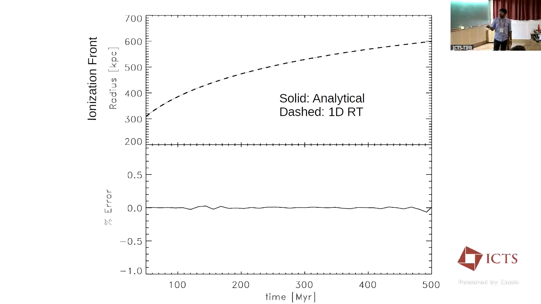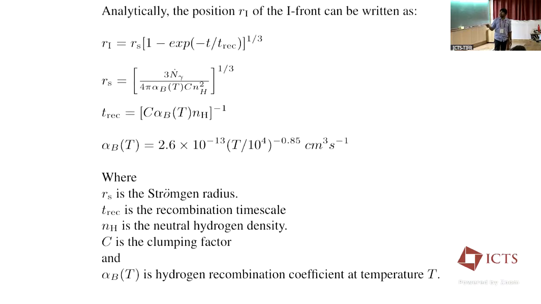Now, the analytical prescription shows that there is a formula for estimating the size of the ionization front given your emissivity, gamma dot. This quantity is controlled by our zeta. You choose a zeta that will give you this number of ionizing photons per second per stellar mass.